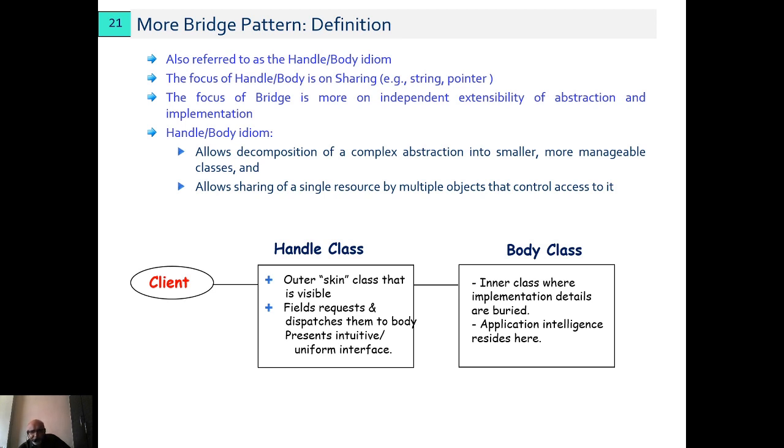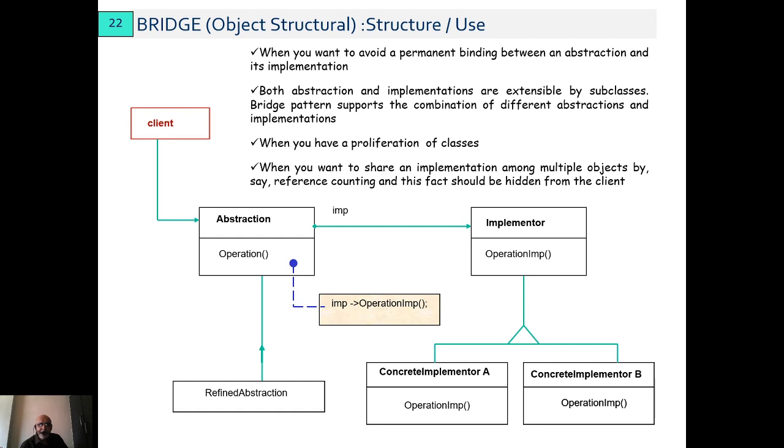The outer skin class makes available the services but not the responsibilities, so the visibilities here are public. Through the outer skin, the handle class makes the client work with the body class.